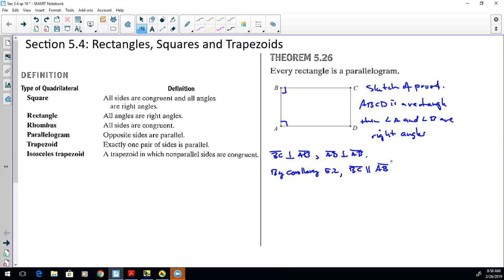The corollary 5.2 said if you have 2 lines in a plane that are perpendicular to the same line, then they're going to be parallel. Of course, it has to all occur in a plane, but quadrilaterals all occur in a single plane. And by the same reasoning, BA is parallel to CD.